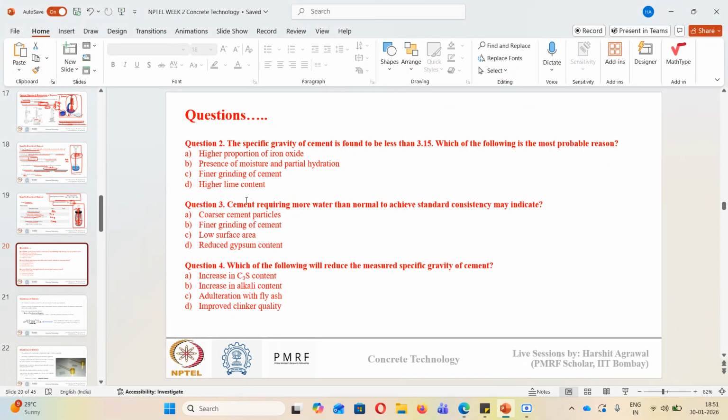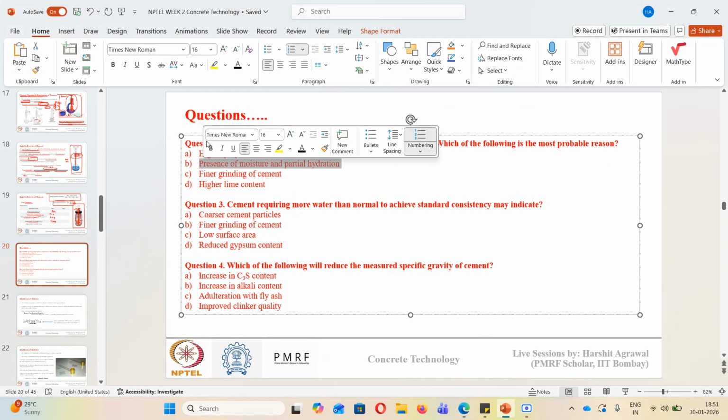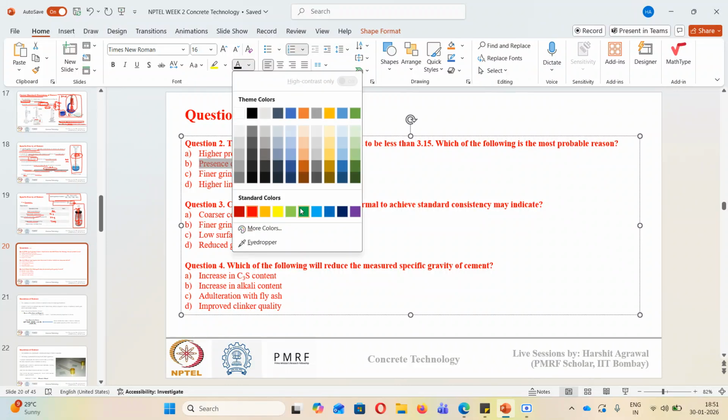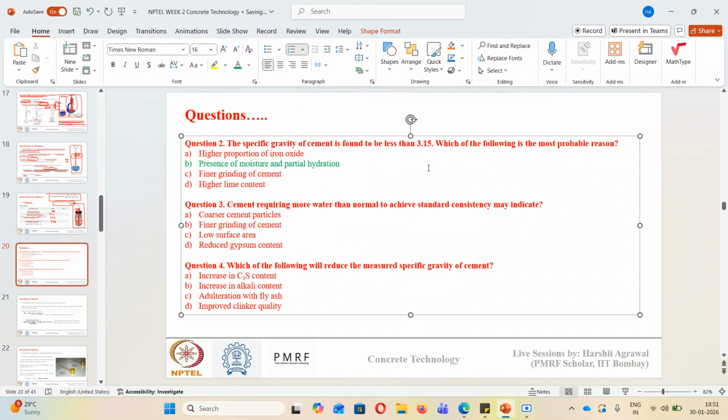Okay, correct answer for this is B. Presence of moisture or partial hydration. Why? If you remember the first question that we discussed today, I told you density, or we can say specific gravity, of hydrated cement is equal to 2.51 and that of OPC is 3.15.